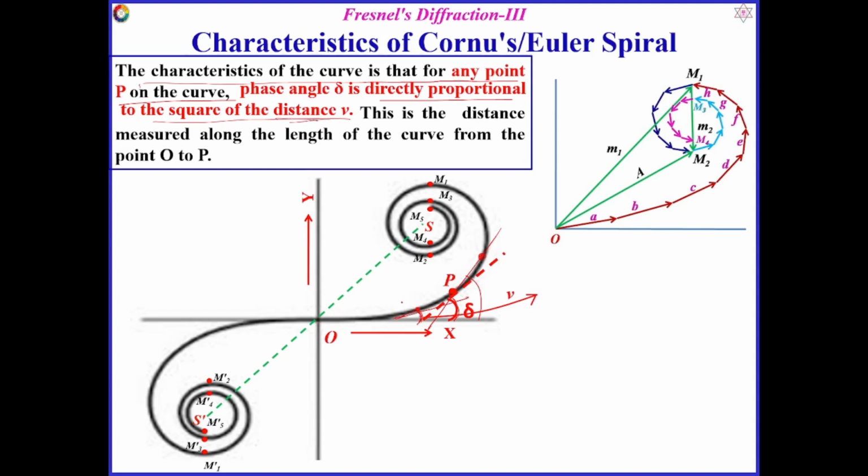Here this phase angle delta is directly proportional to the distance. Suppose we consider the point P here and draw a tangent.